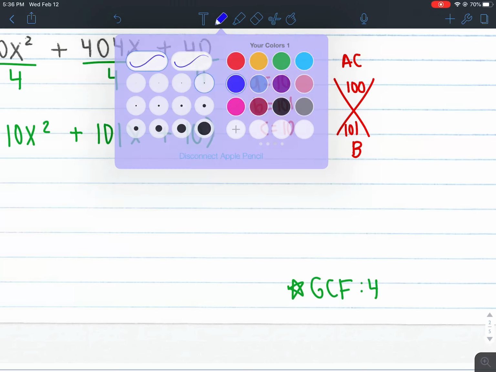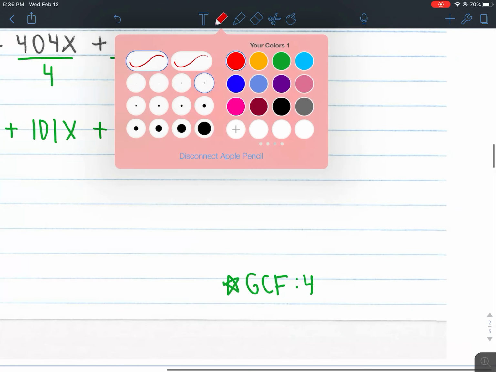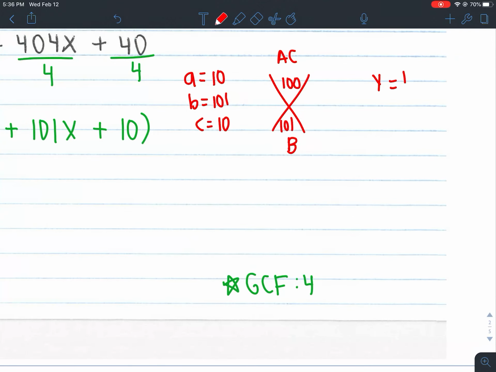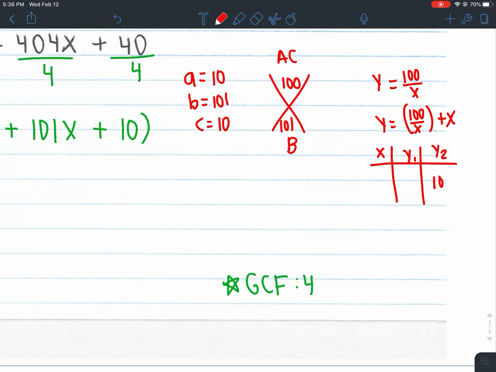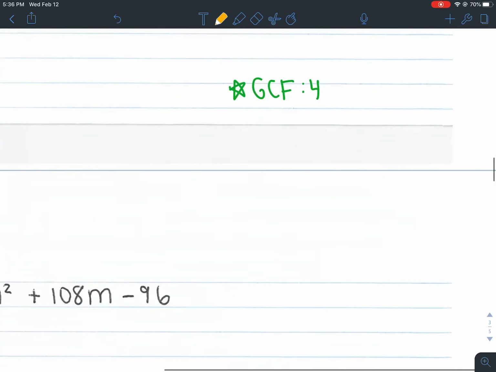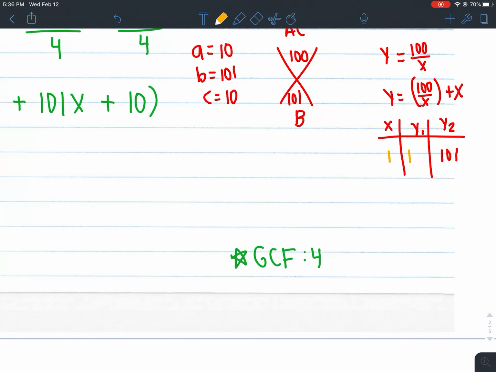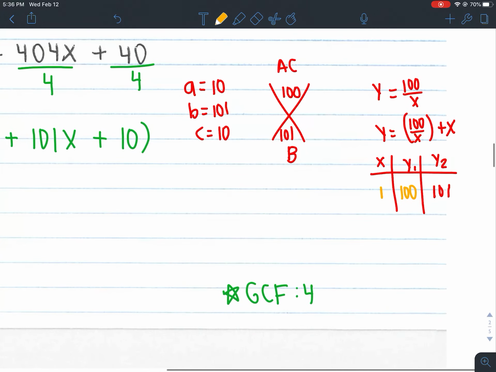So when I do my trick in the calculator, I'm doing y equals 100 divided by x, and y equals 100 divided by x plus x. And I'm looking for 101 in the y2 column. Well, I don't have to look very far because at 100, I have 101.